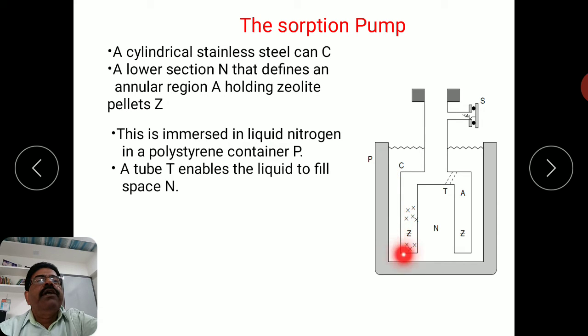There is also a special tube, you can see a dotted line and T is written here, a tube T, which enables this liquid nitrogen to fill the space N. So in order to cool it, this liquid nitrogen can enter here through this tube T.